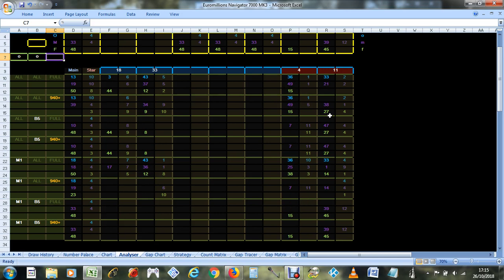Does it point to the same numbers that the star numbers point to? Well, I'll leave that for you to analyse, but I'm also going to look at some of the other outstanding numbers.